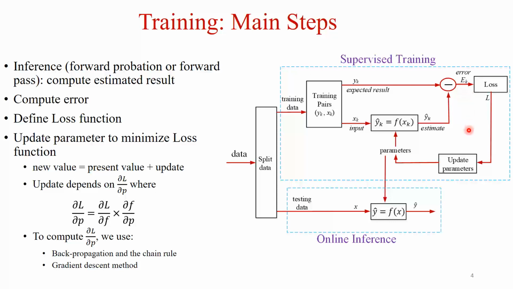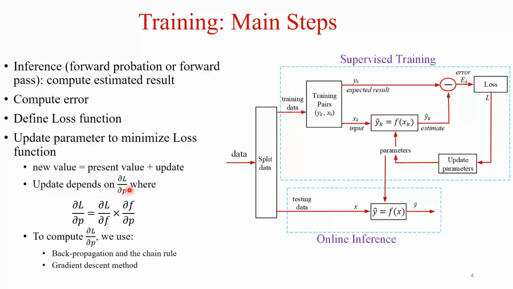Now, updating the parameter is the part that will take quite a bit of the effort, because the new value will be the present value of the parameter plus an update. So what's the update?